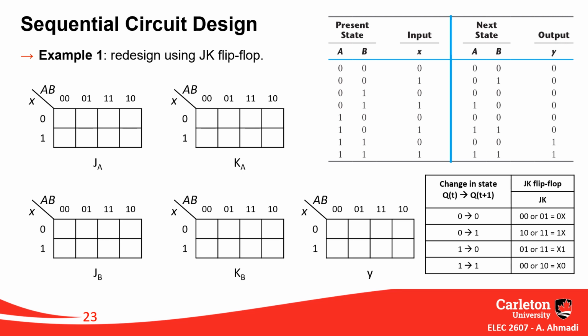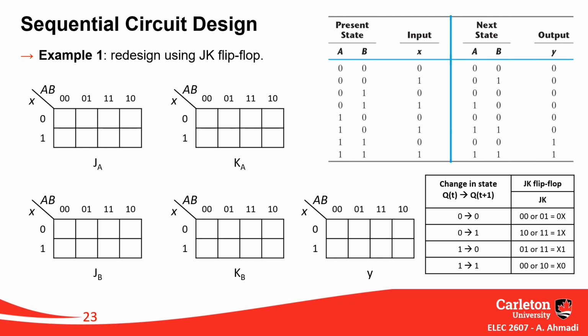If you want to redesign the same circuit using JK flip-flops, as we did before, well, I mentioned that you need JA, KA, JB, KB, and also the output for JK flip-flop design.